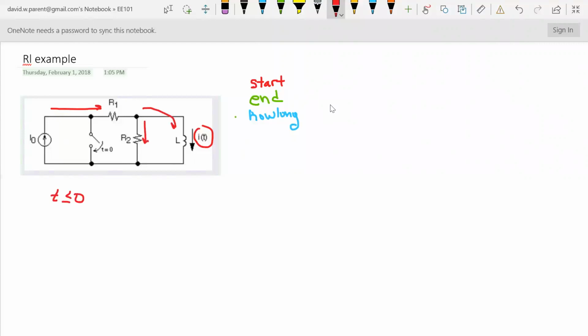T less than 0. Well, VL equals 0 at DC. The circuit is at DC before the switch. All right.